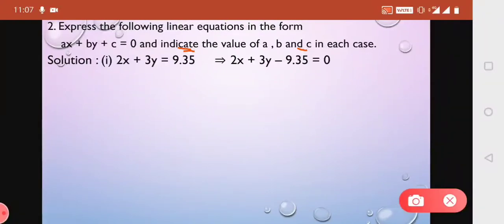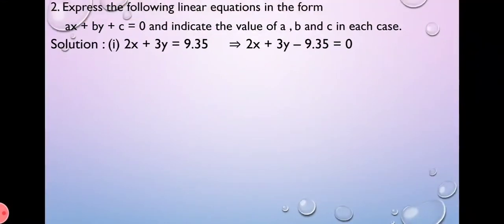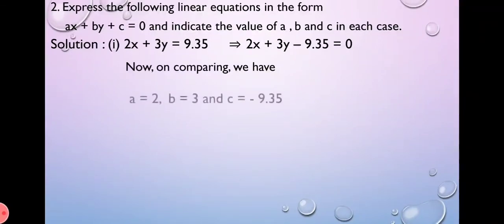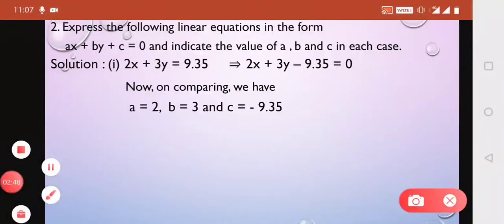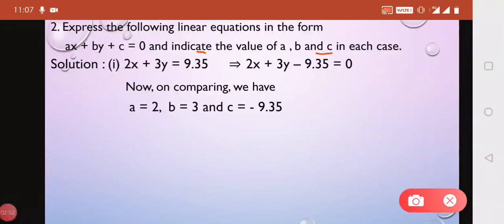So we will write 2x plus 3y minus 9.35 bar equal to 0. Now on comparing, we get value of a is 2, b is 3 and c is minus 9.35 bar. Every time please don't forget to mention the bar here, dear students.